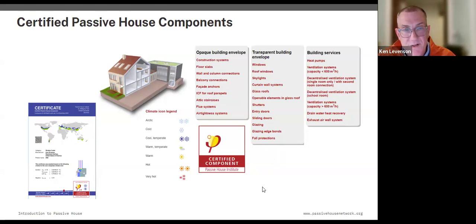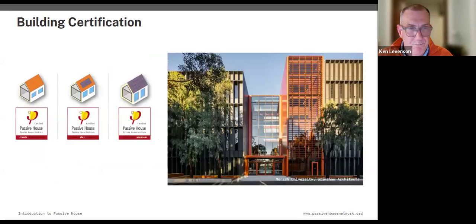But it's a huge lifesaver, and a lot of the components that are certified are already populating the PHPP, so you can find them and select them. If you're not using certified components, sometimes it can be a little tricky to get the information that you need, because the manufacturers may think they have it, but they don't have it, and it can be quite a bit of back and forth. Still doable, but a bit more aggravation perhaps along the way.